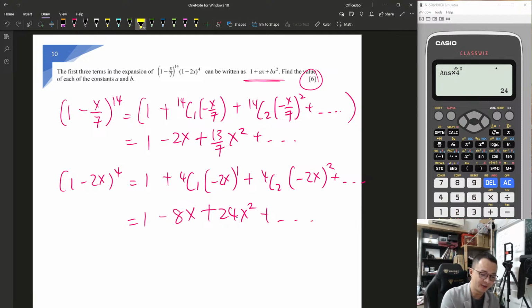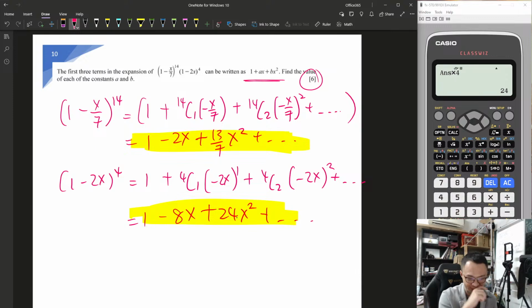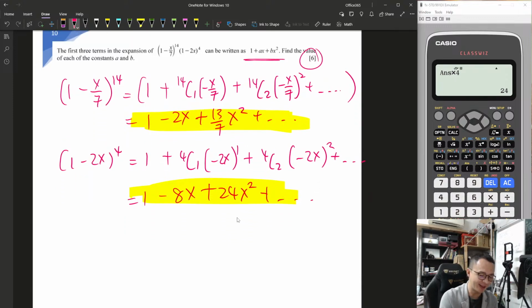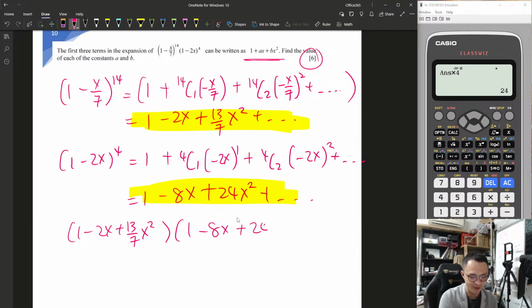Right now I want to multiply these terms in order to find out the a, b, and c. You can think of it like this: 1 minus 2x plus 13 over 7 x squared, multiplied with 1 minus ax plus 24x squared.